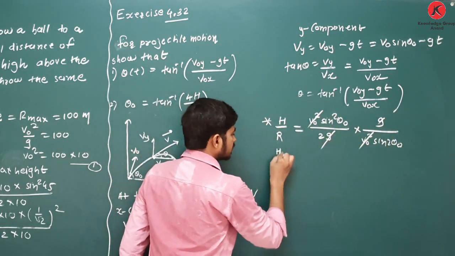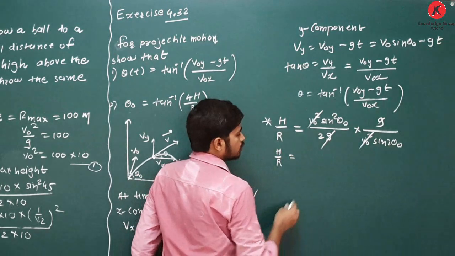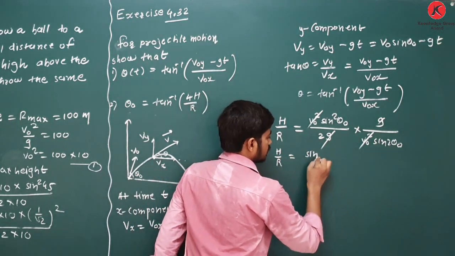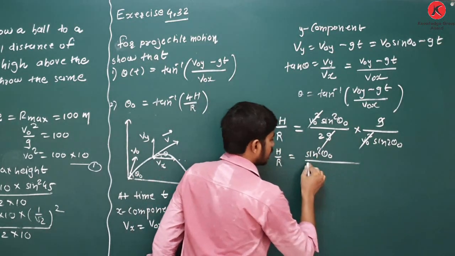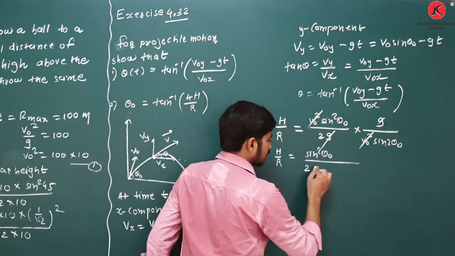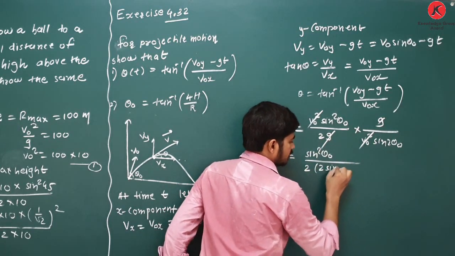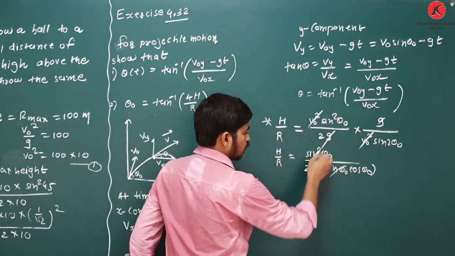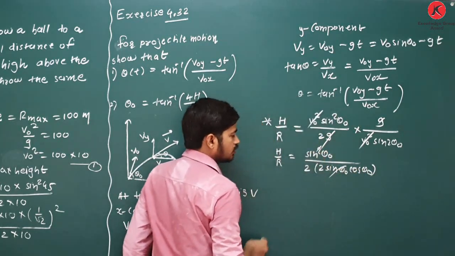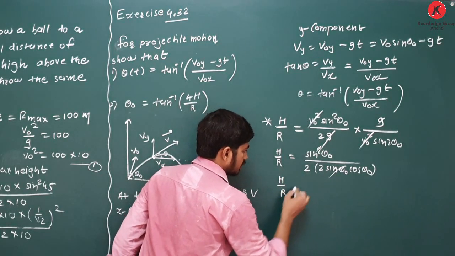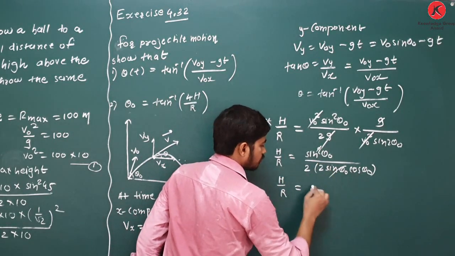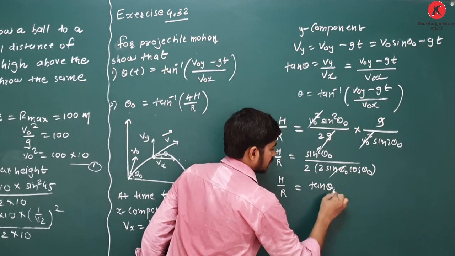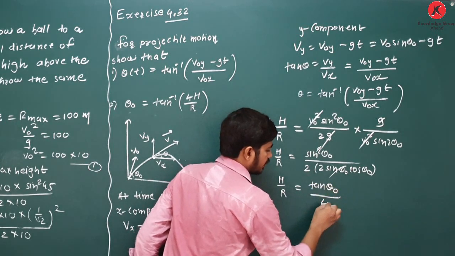Now how to simplify this? Then h upon r is equal to sin square theta 0 divided by 2, as it is. Sin 2 theta 0 means 2 sin theta 0 cos theta 0. Then one sin cancels, and 2 into 2 is 4. So h upon r is equal to sin theta upon cos theta, which is tan theta 0, divided by 4.